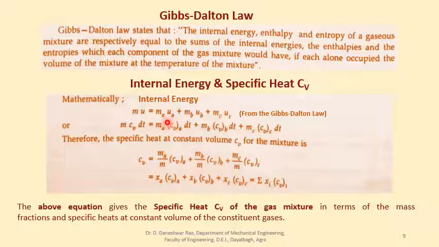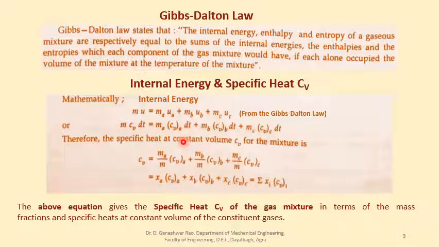Similarly, MAuA indicates the total internal energy, where uA is the specific internal energy, MA is the mass of component A. So this equation we have obtained as per Gibbs-Dalton's law. Now M into u is internal energy, that is given by M CV dT. So Mu is equal to M CV dT.